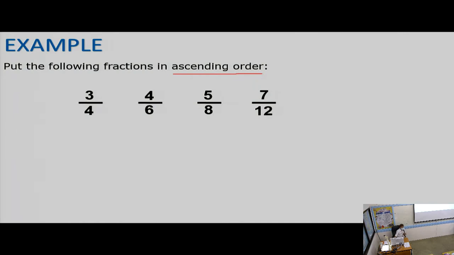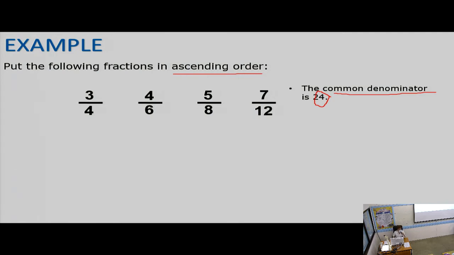So we have 3 over 4, 4 over 6, 5 over 8, and 7 over 12. It's kind of different from integers, since we're dealing with fractions. The first thing you need to do is find the common denominator. It says here that the common denominator is 24.